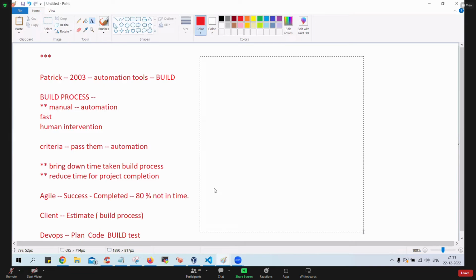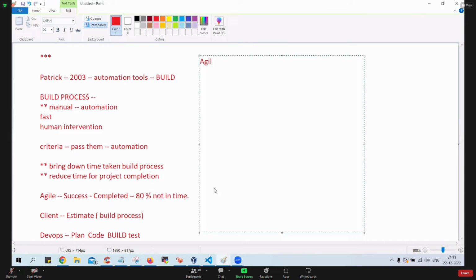Now, what is the next phase in Agile, guys? Tell me. What is the next phase in Agile? We saw plan, code, design, and we understood them. The next phase is test. Right? The next phase is test only.